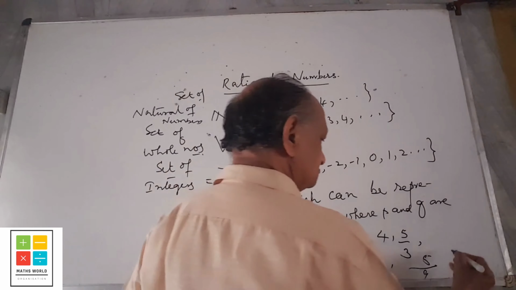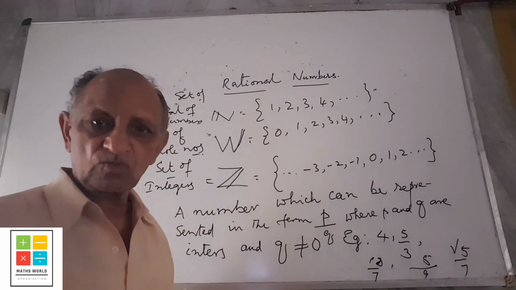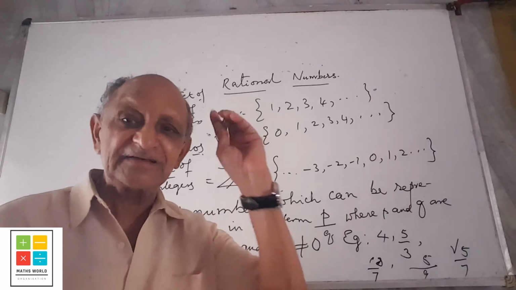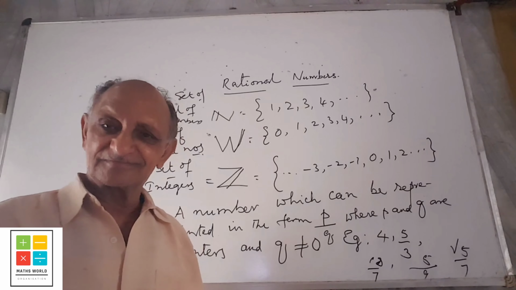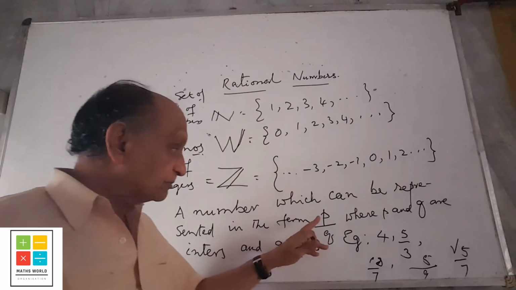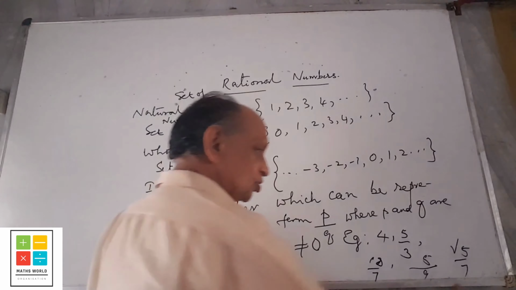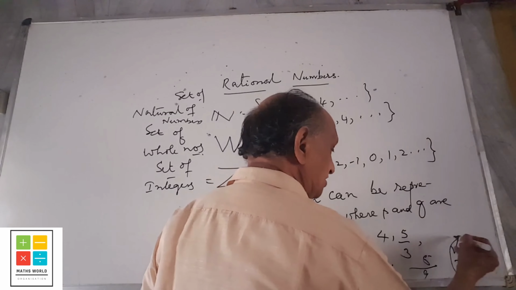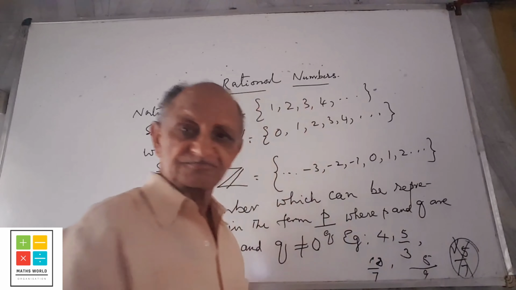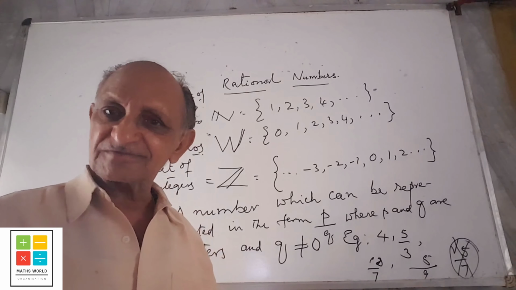Root 5 by 7. Root 5 is not an integer. 7 is an integer. But according to our definition, P should be an integer. Therefore, this cannot be a rational number because P is not an integer.